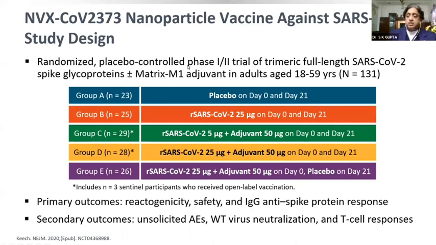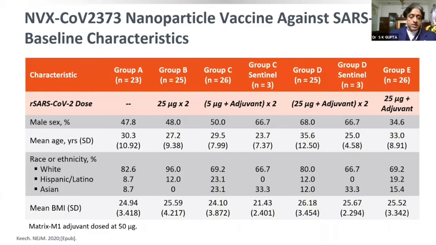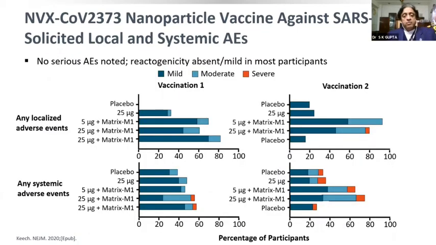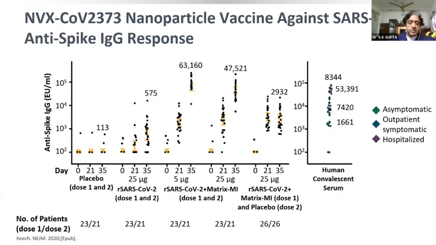I told you earlier that in Covaxin, the Bharat vaccine, they used alum or another adjuvant, but here it is the Matrix M1 adjuvant. The vaccine has been tried in people between 18 and 59 years of age. Different doses have been tried, and the vaccine has been found to have very little side effects. It's a wonderful vaccine.